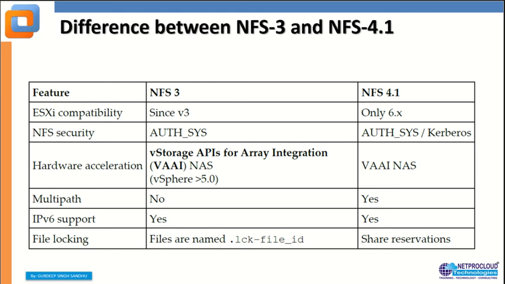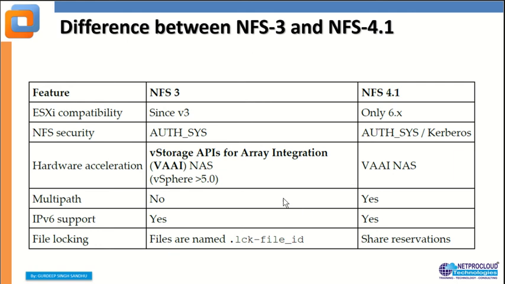A difference between NFS 3 and NFS 4.1. For vSphere compatibility, all versions are supported since version 3, and 4.1 is supported only from 6.x. For NFS security type, AUTH_SYS is there in 3, and in 4.1 both AUTH_SYS as well as Kerberos security are supported. For hardware acceleration, VAAI-NAS is available from 5.0 onward, and it is already there.